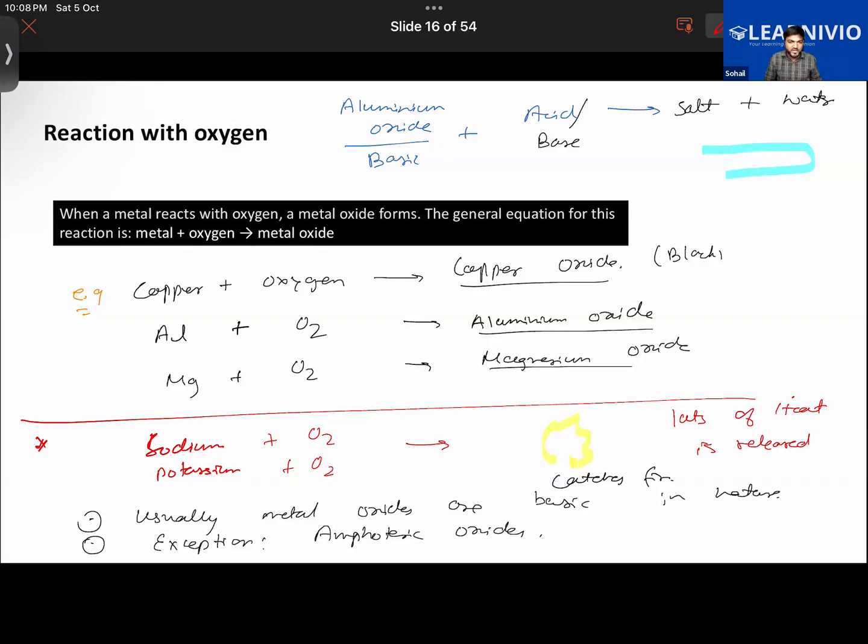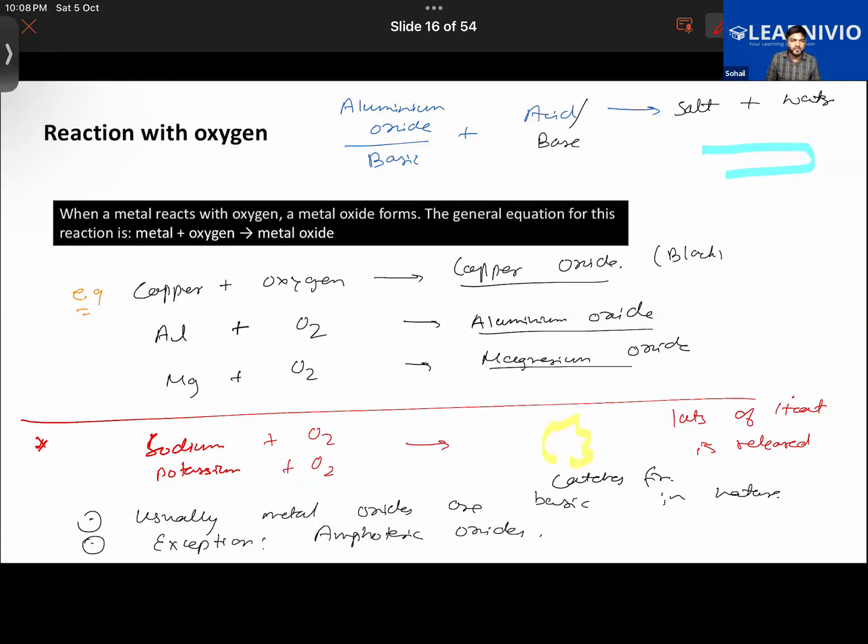Its contact with air is cut off. So will it react with air anymore? No. That is one important thing to be kept in mind.